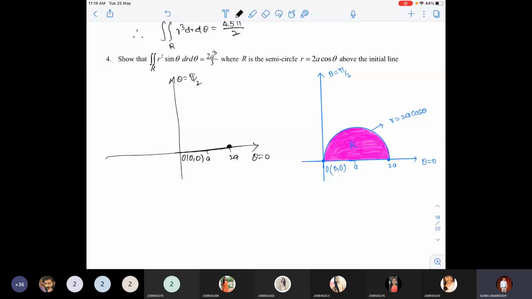Next, I am taking one more angle. What is the next one we can take here? Anyone you can take. Can I take 60 directly? Cos 60 is equal to what is the value? 1 by 2.